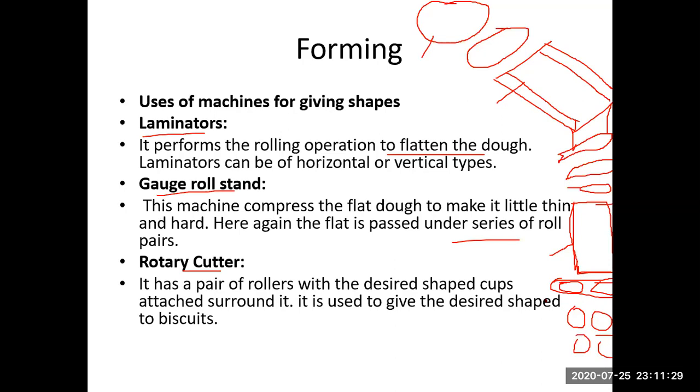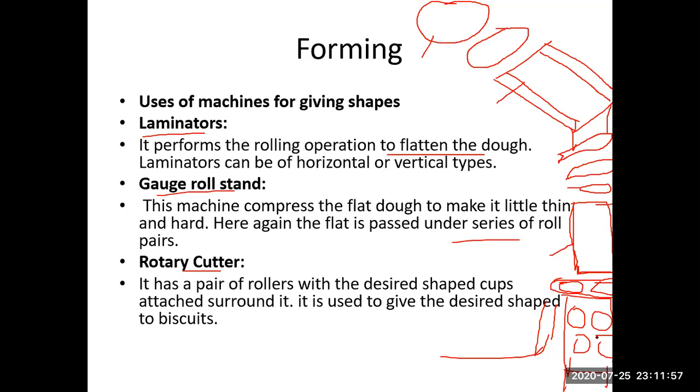In some rotary cutters there are side parts where the extra dough goes to another section, while the biscuits go into the tunnel oven. The extra dough of the sheet goes over there to another section.